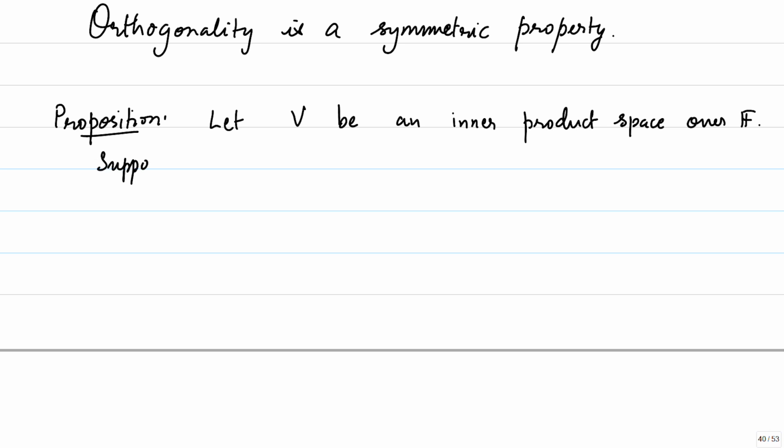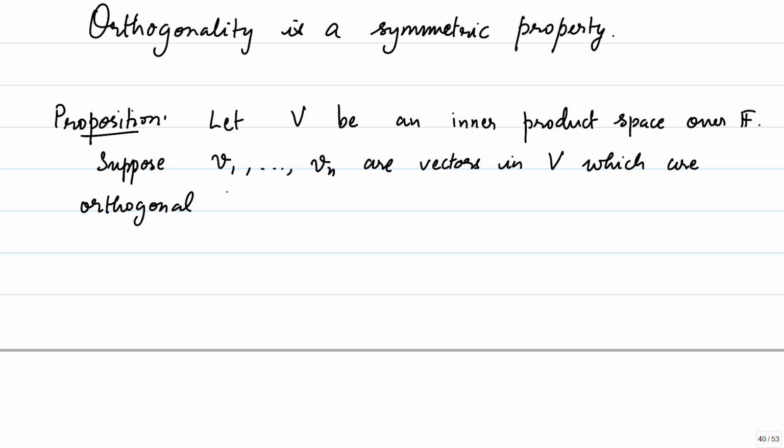Suppose v1 to vn are vectors in V which are orthogonal to another vector, say small w, in capital V. Suppose each of these vectors v1, v2 up to vn are orthogonal to w.